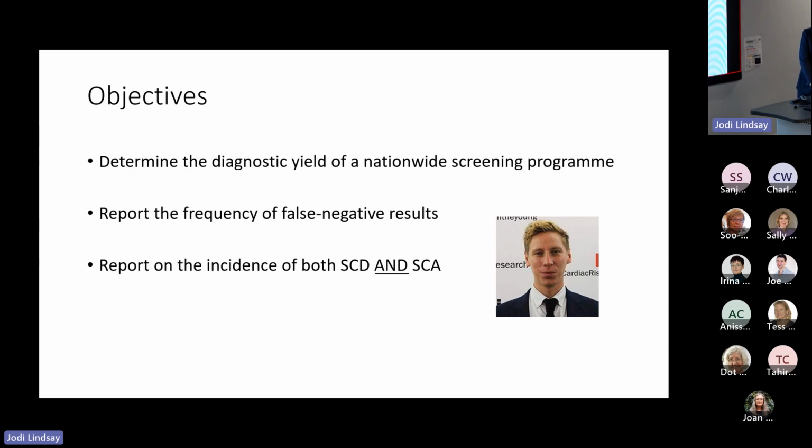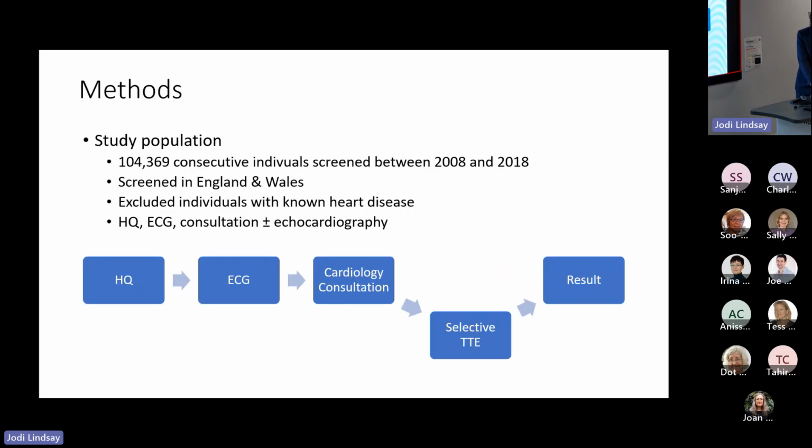So those were our objectives, and this is our fellow Hamish McLachlan, who collected all that data and did the association and correlation in order to determine the diagnostic yield, look at the false negatives, and report on the incidence of sudden cardiac death and sudden cardiac arrest.